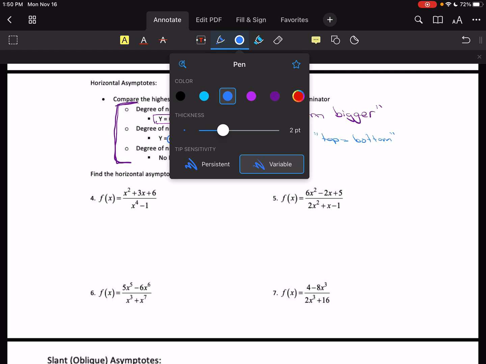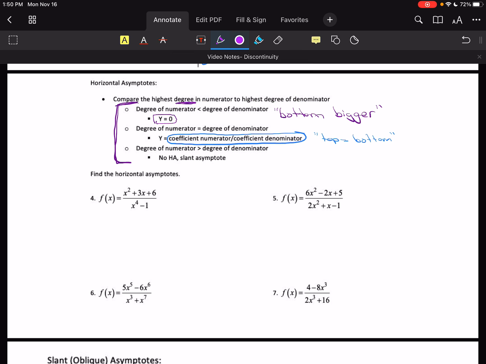Now, if the degree on top is bigger than the degree on the bottom, then we either have no horizontal asymptote or a slant asymptote. If the top is 1 bigger, that's when we have a slant. Everything else we would have no horizontal. We'll look at examples of all this now.